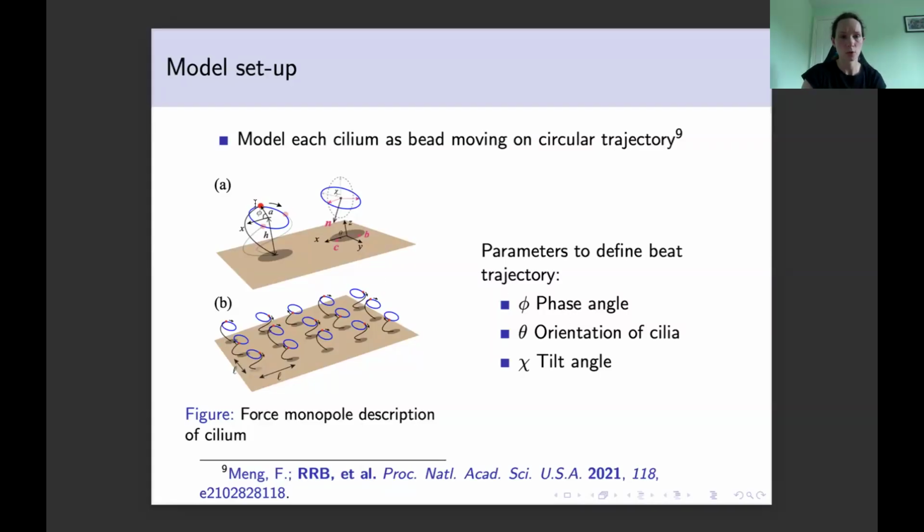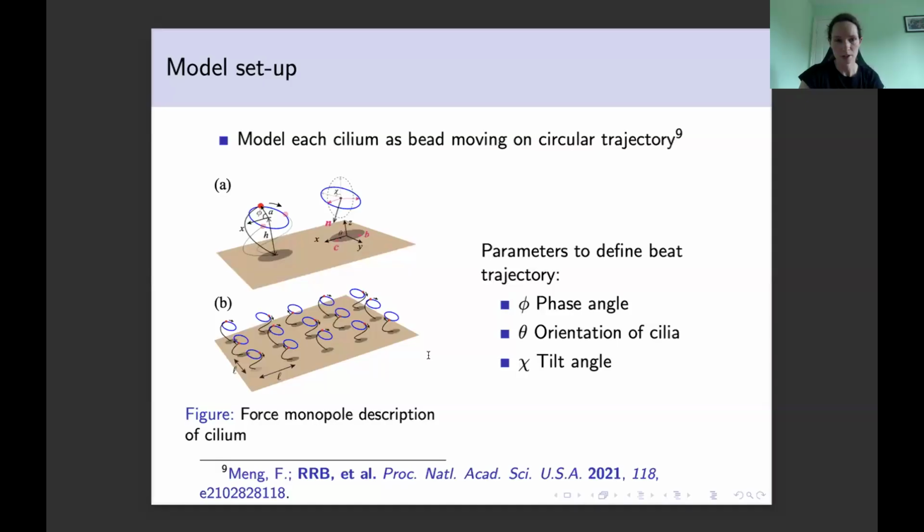Okay, as I said, we're using a rotor model. So the setup is we've got this bead moving around some circular trajectory. And the main parameter that I want you to keep in mind is the phase angle phi. So phi is telling you how far around this circle you are. If you're thinking about a filament, it means how far through that beat cycle you are. So we're using phase phi to tell you where this filament is in the beat cycle, and we're looking at how that evolves.